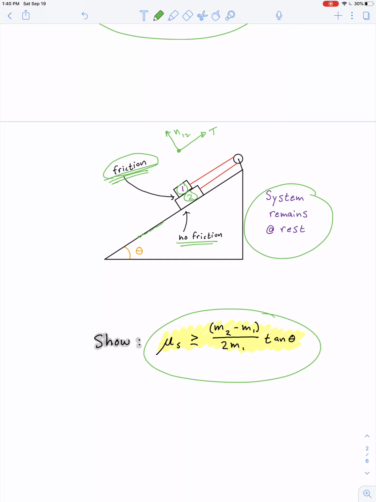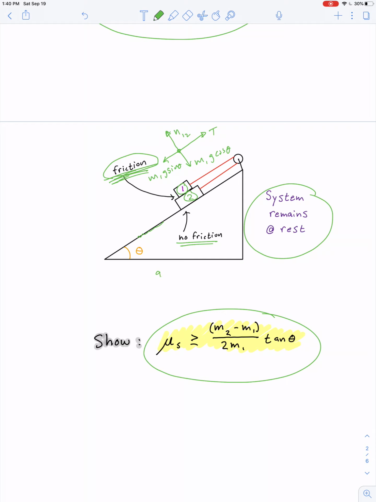Well, there's gravity pulling straight down, but I'm going to break that into components. So there's a component of gravity, m1g cosine theta, and there's a component of gravity back this way, m1g sine theta, and then of course there's some frictional force. Now which way does that frictional force point?